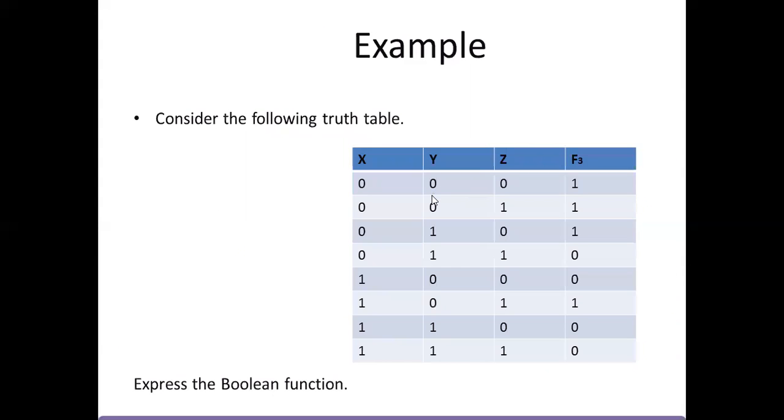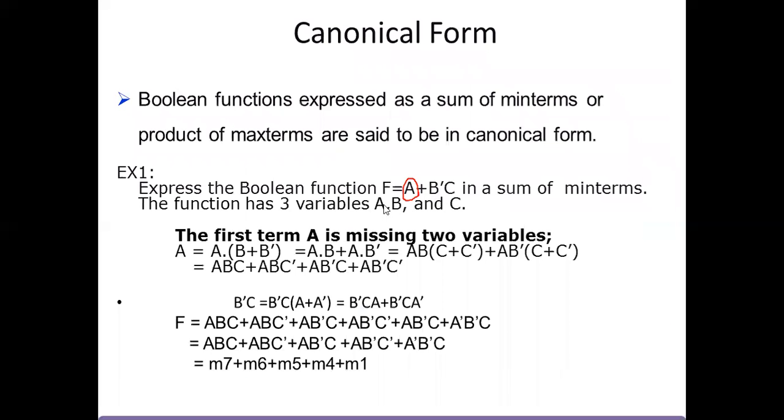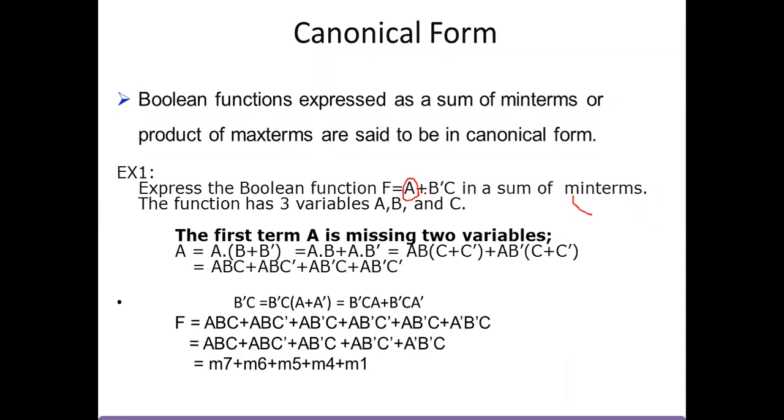Here what we are asked to do is convert this into canonical form, and they have specified the canonical form as a sum of min terms, sum of products form. So what are the two things we have to consider? We have to have all the variables in each term. That is one thing.